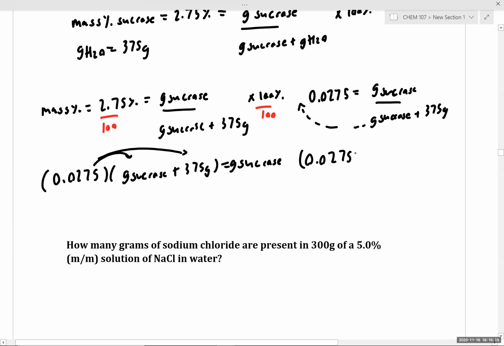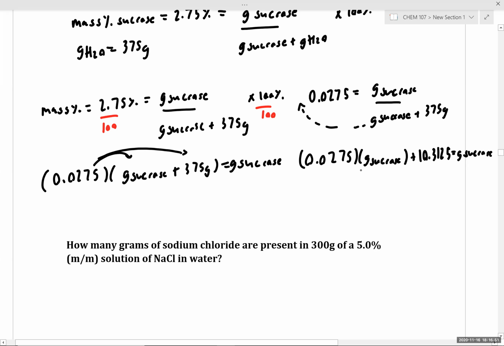That gives us 0.0275 times the grams of sucrose, plus 375 times 0.0275. Punching that into our calculator gives us 10.3125, and that is equal to the grams of sucrose.